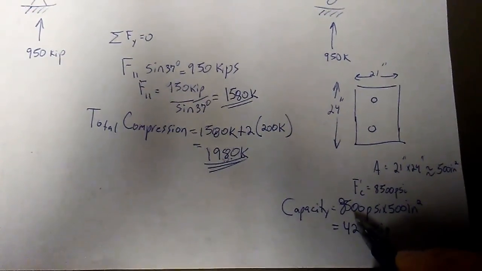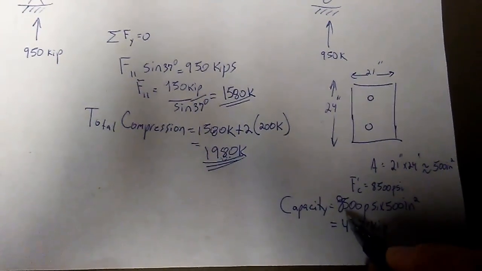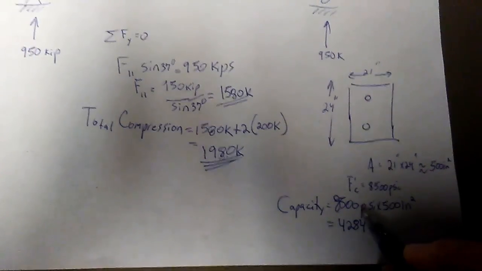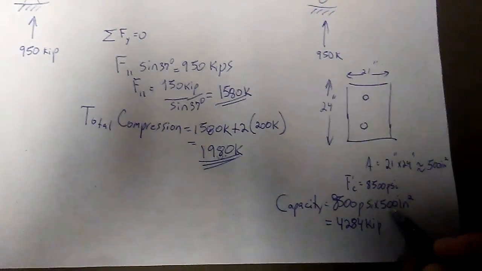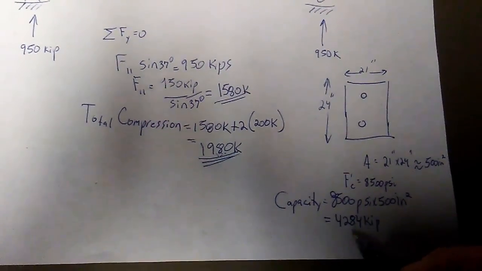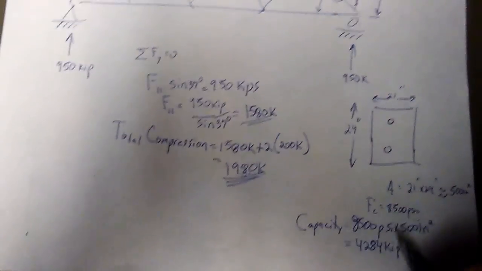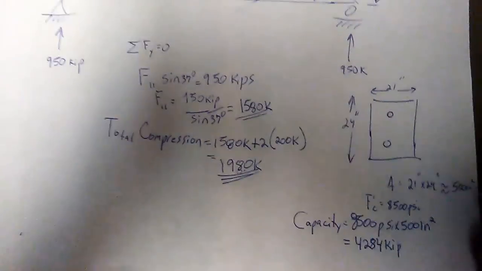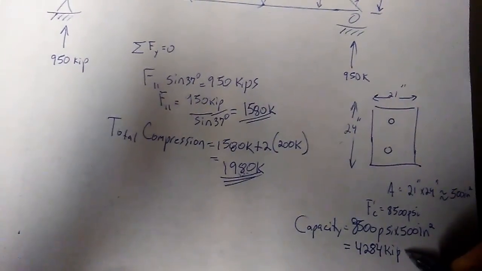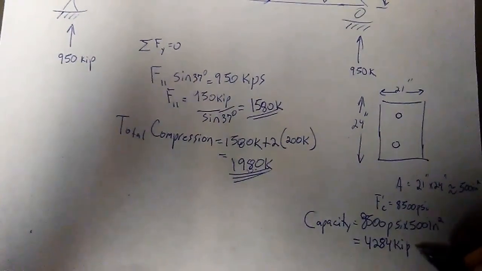So 8,500 psi is equivalent to 8.5 ksi, which is kips per square inch, and we're multiplying that by 500 square inches, and we're getting 4,284 kips. So that's at best the highest capacity that member could see.